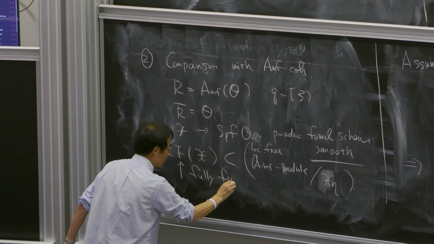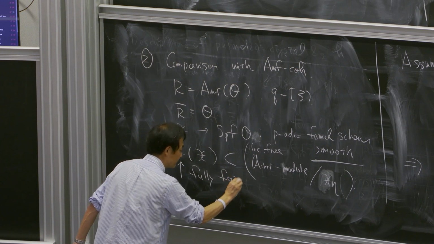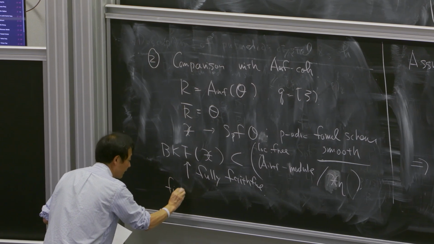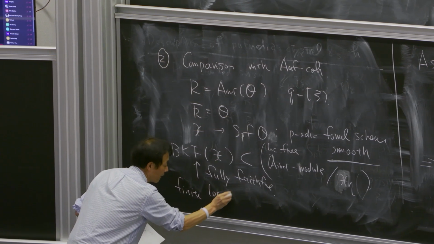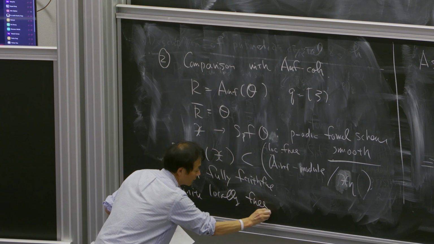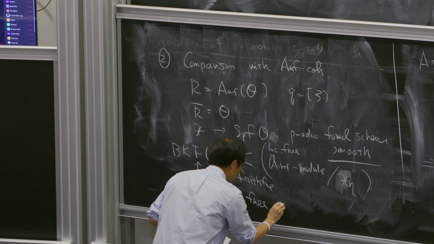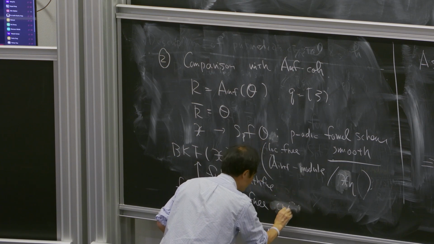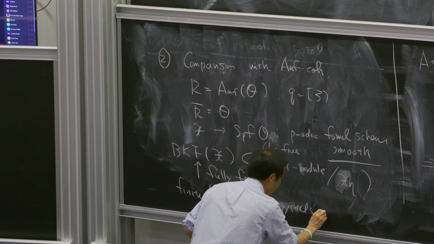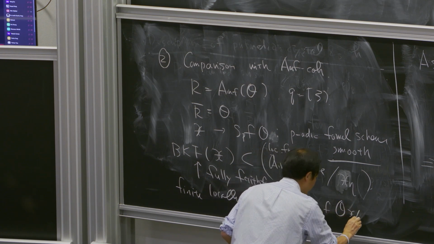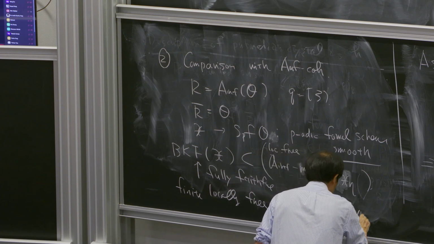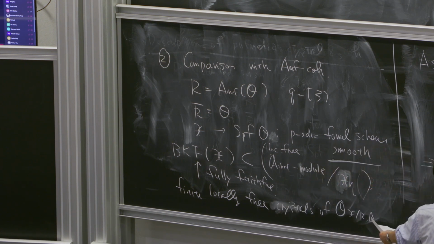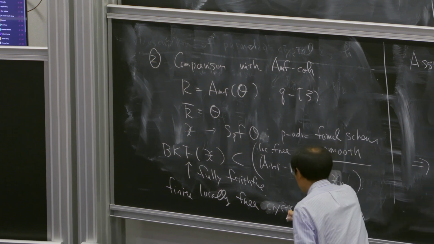And we know that we have a fully faithful functor from finite locally free prismatic crystals of O modules not divided by J. So this is the topological one.